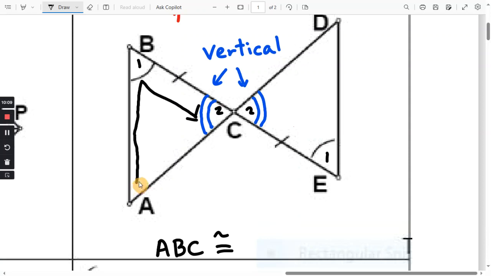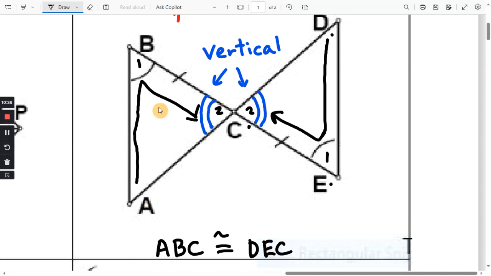Start at the one with no mark, so we start at this angle here. Then we go to 1, just like this one went to 1, and then we go to 2, just like this one went to 2. So that's going to be D, E, C in that order.